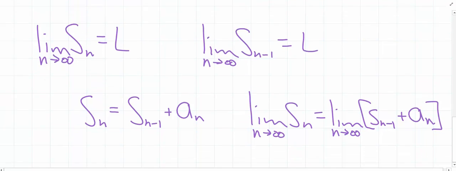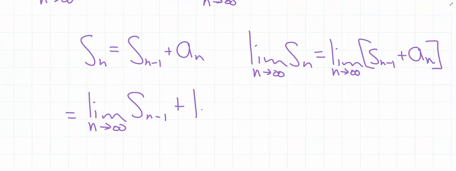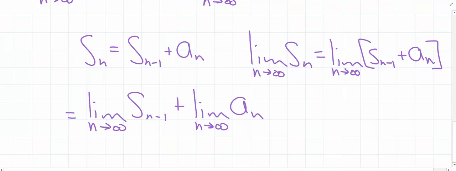Now, remember what we said: this thing converges to L. So here's where we stand now. This is equal to the limit as n goes to infinity of S sub n minus 1 plus the limit as n goes to infinity of A sub n. I just broke this apart.